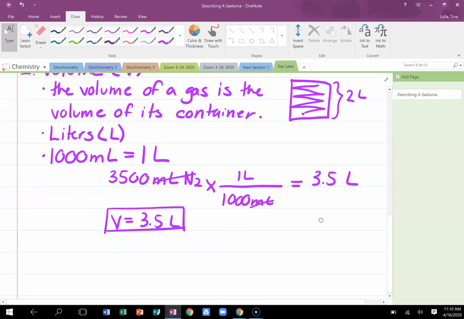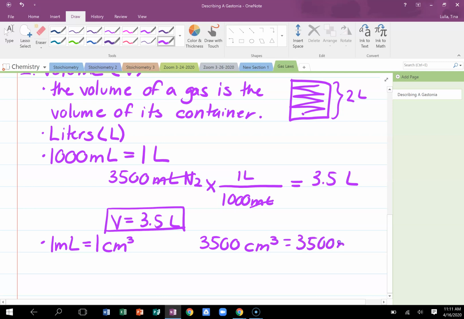I guess the other thing I could mention is that 1 milliliter is the same as 1 centimeter cubed. That doesn't come up a ton, but in case you ever saw something like 3,500 centimeters cubed, you could know that means 3,500 milliliters.